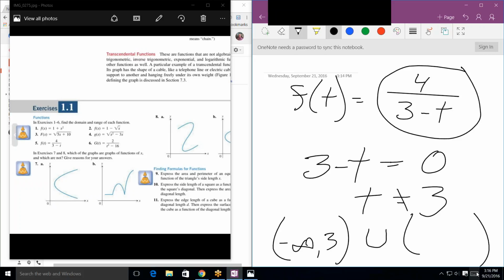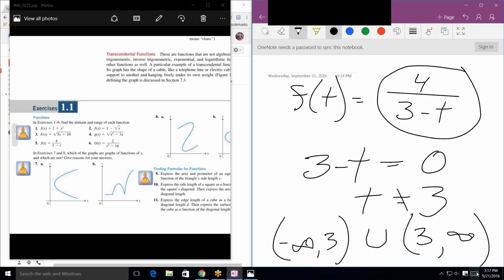It can be every number up to 3. It can be 2.9999999. It just can't be 3. Bracket? And then what's the right side? Negative infinity to infinity. No, the right side is where we left off at 3 to positive infinity.